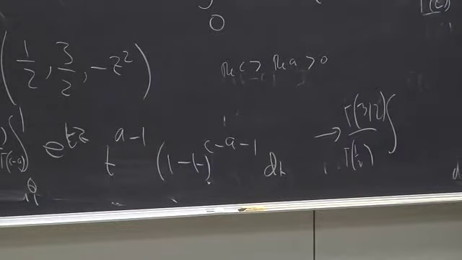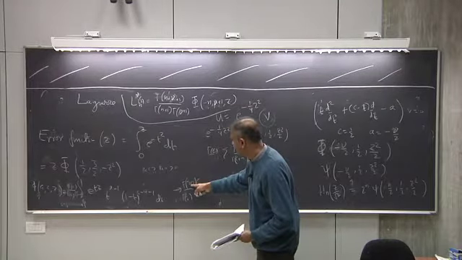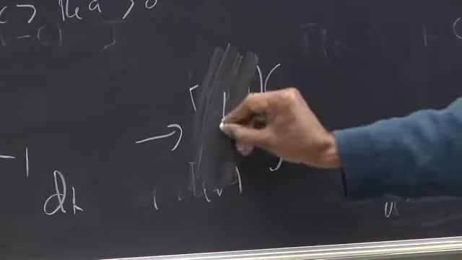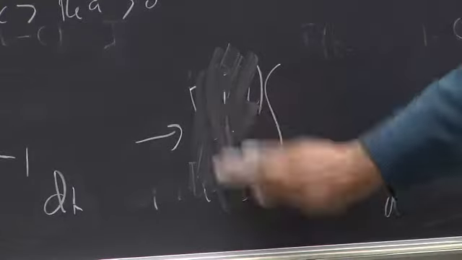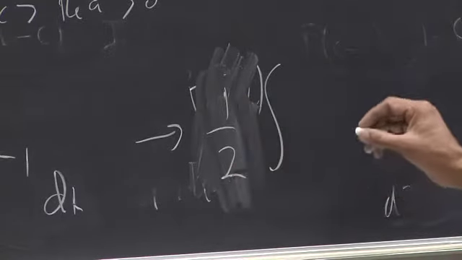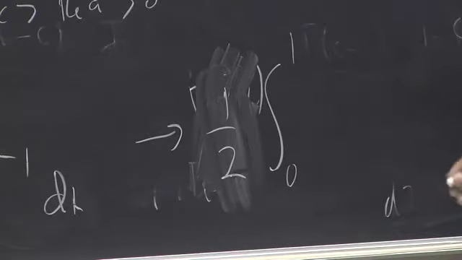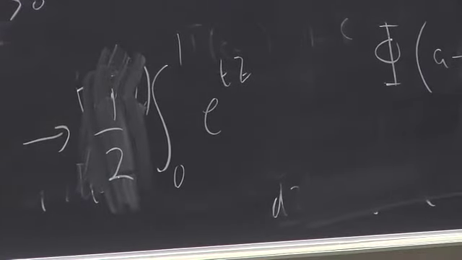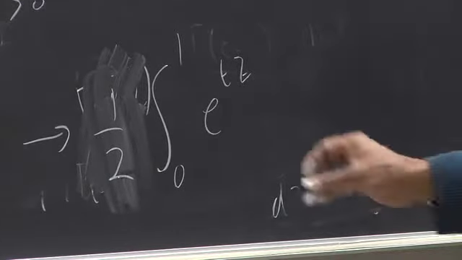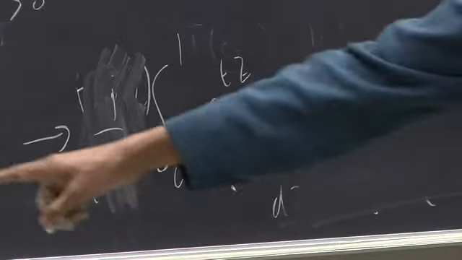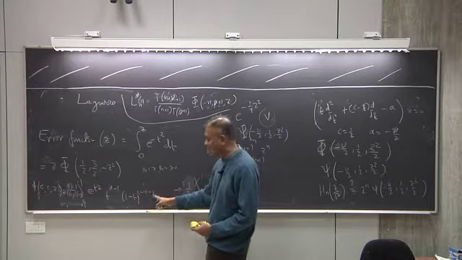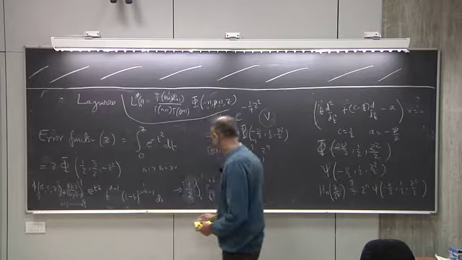Also gamma 3/2 is half times gamma half, so this cancels and you just get a half. The integral is from 0 to 1 of e to the tz times 1 over root t. And c minus a minus 1 is 3/2 minus half minus 1, which is 0, so there is no 1 minus t factor. It's a very simple integral.